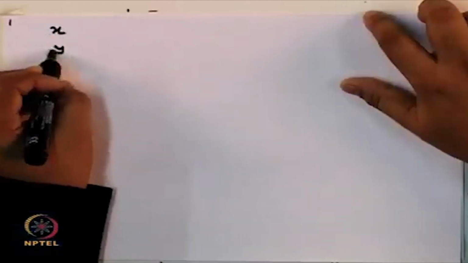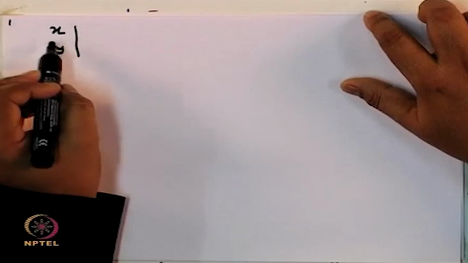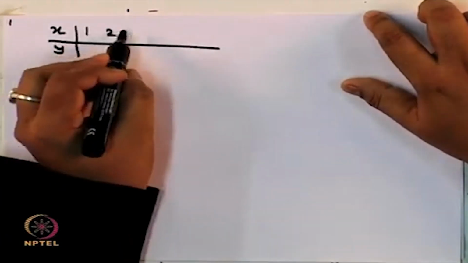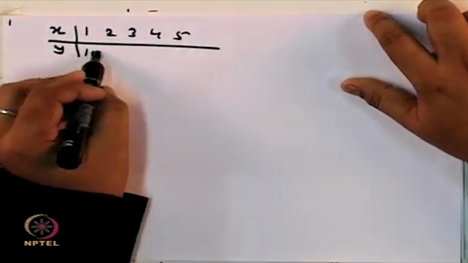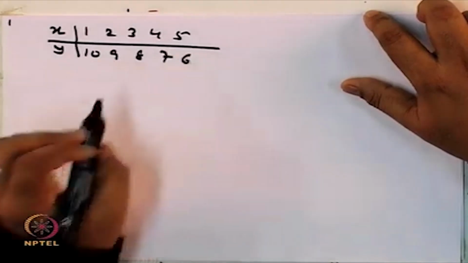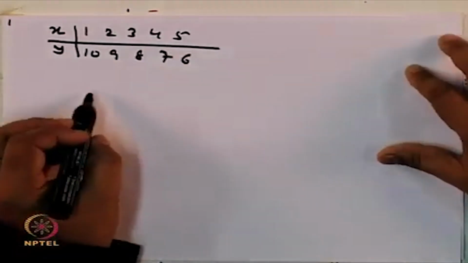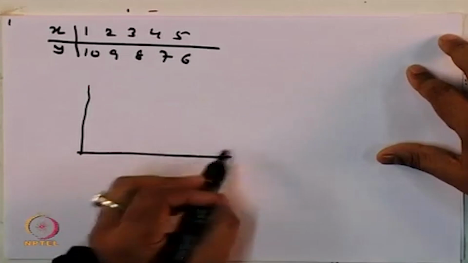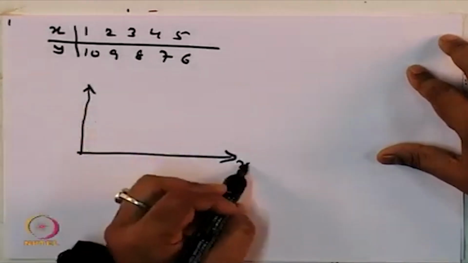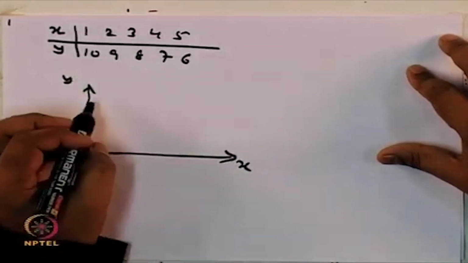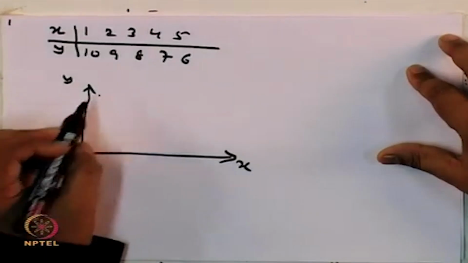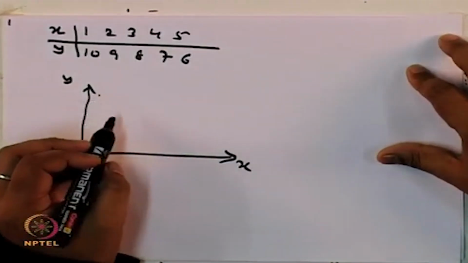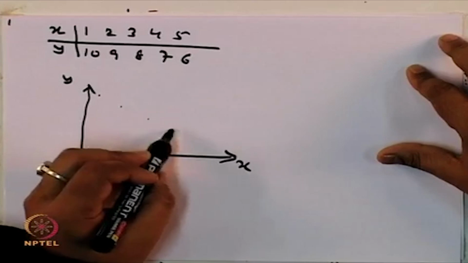Let us say we have two variables x and y, and we can have various values, let us say 1, 2, 3, 4, 5 for x and 10, 9, 8, 7, 6 for y. Let us say this is one example of an x and y. If we plot this data in the x and y plot, this is 1 and 10, 2 and 9.